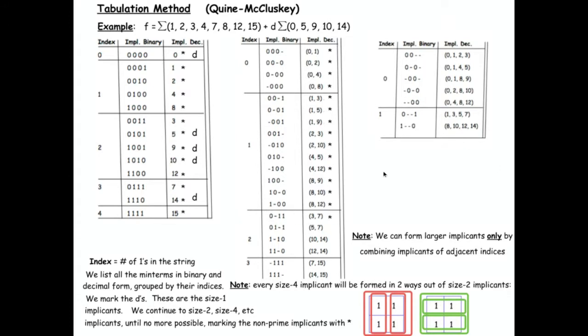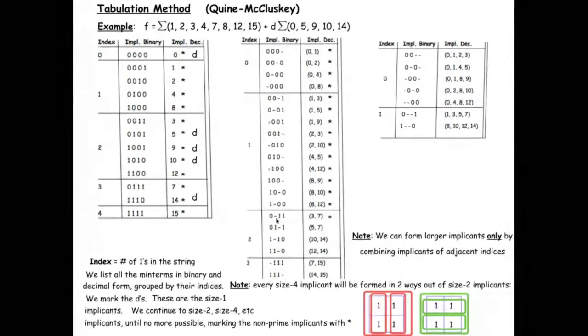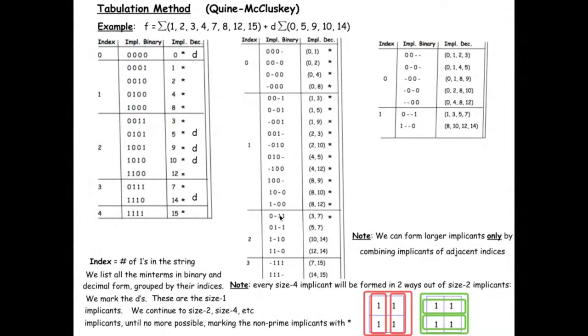I'm sorry, what about... What did we have? 3, 7. Okay, so it's the 1, 5, 3, 7, right? So 1, 5, and 3, 7 are next to each other. The only difference is this: why did we put a star next to 3 and 7?